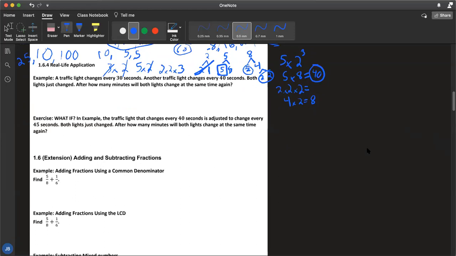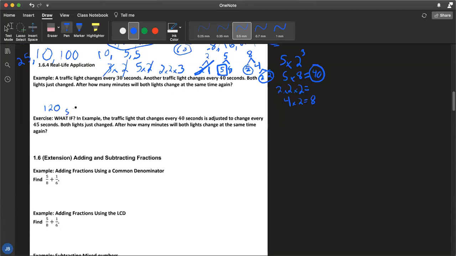Anybody who hasn't gotten to go want to do this one? Max, you want to try it? Give me a second. Yep, no worries. We'll let you work it out. I think they will change in 120 minutes. 120 minutes or 120 seconds?